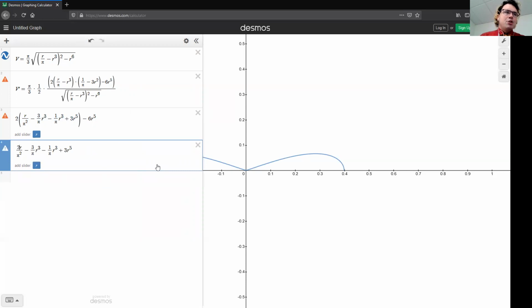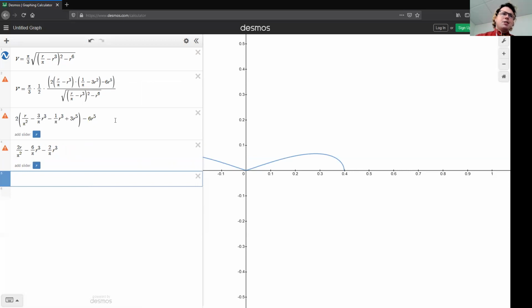So I'll have all of this stuff, but each of the coefficients will be times 2. So it's actually 2r over pi squared minus 6 over pi r cubed, minus 6 over pi r cubed, minus 2 over pi r cubed, plus 6 r to the power 5, all minus 6 r to the power 5. Well, that seems like an easy cancellation. So those r to the power 5s are gone.